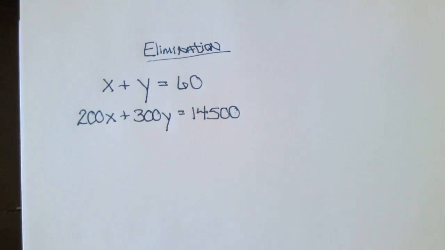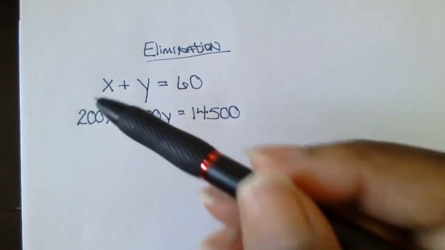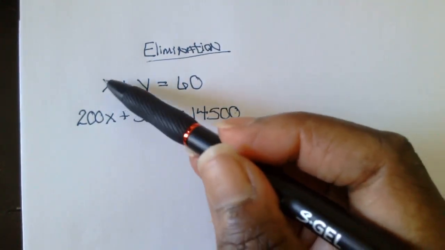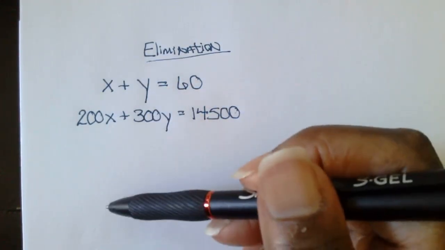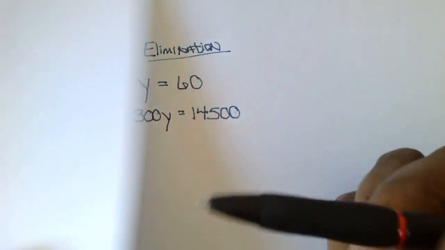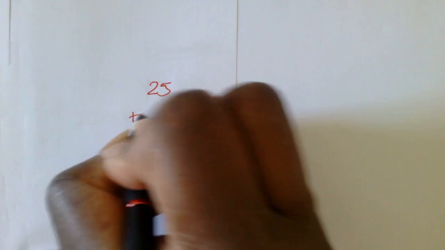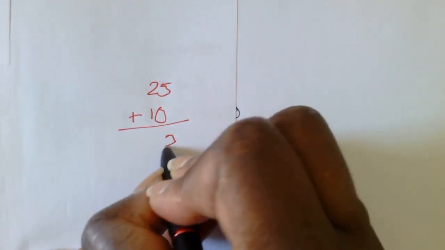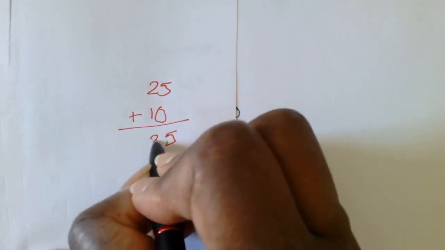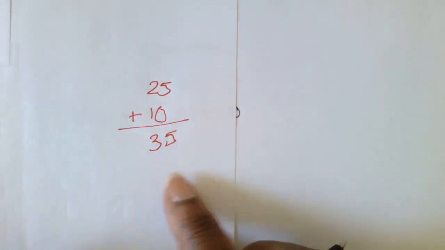True story. Okay? But in order for me to eliminate, like remember how we used to do math vertically back in the day when we had like 25 over 10, and we would just actually go 5 plus 0, that's 5, 2 plus 1, that's 3, just like that.